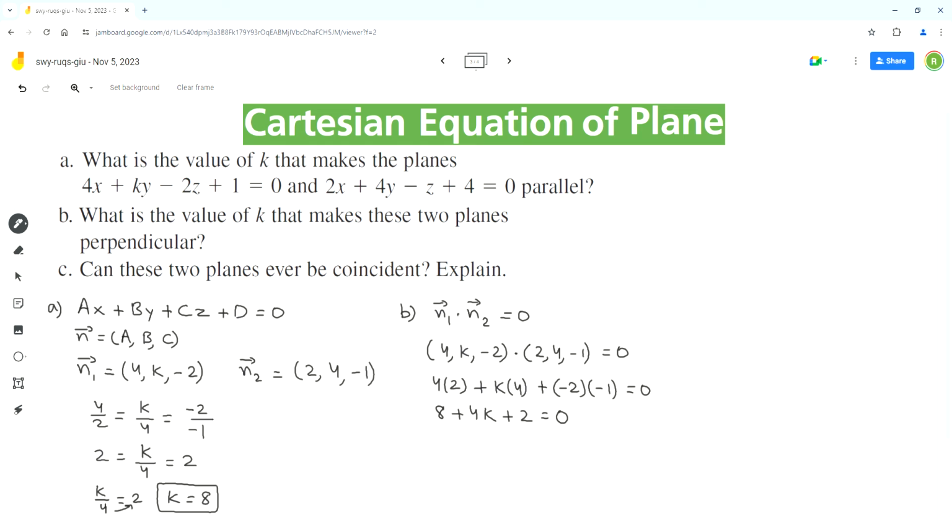Now we can combine the like terms 8 and 2. We have to solve for k, so we should isolate k.